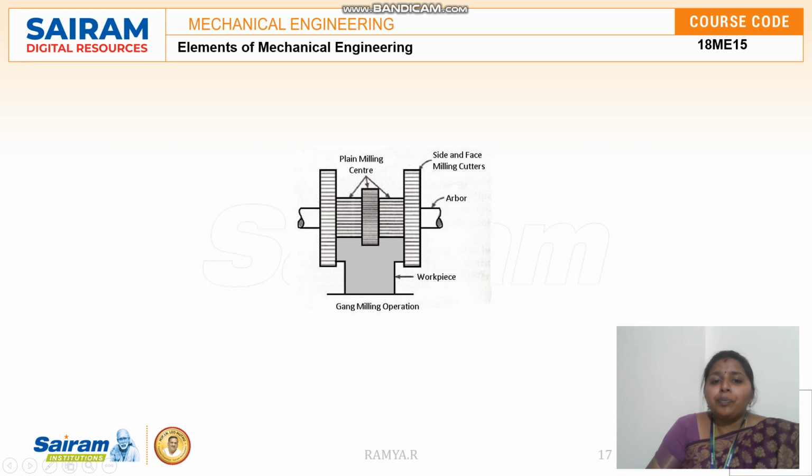It may be an angular cutter and a plain milling cutter, or whatever the cutters may be. Two different cutters are placed on the arbor of the milling machine, and two different operations take place simultaneously in the same workpiece.